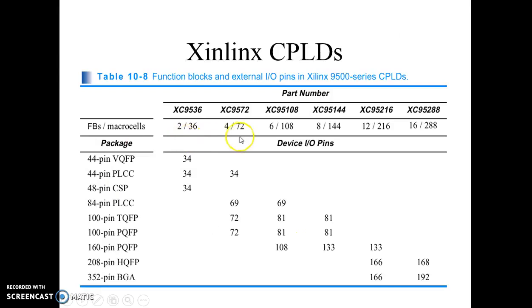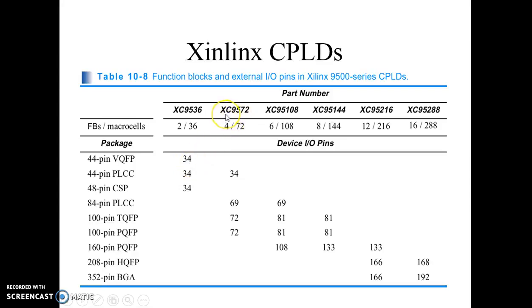For example, if you see this chart, the Xilinx CPLD XC9536 chip contains 2 FBs and 36 macro cells, and has input-output pins equal to 34.